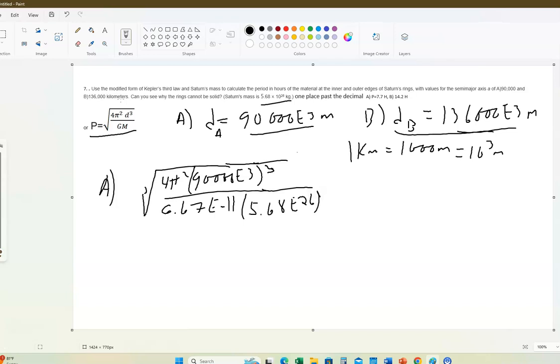And then part B, it's exactly the same equation: the square root of 4 pi squared, but of course it's a different distance.